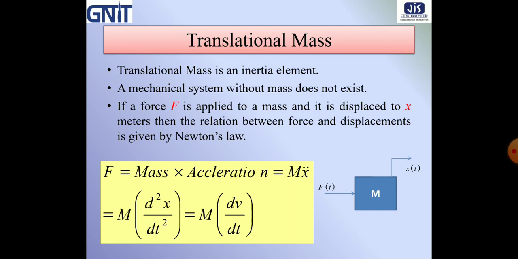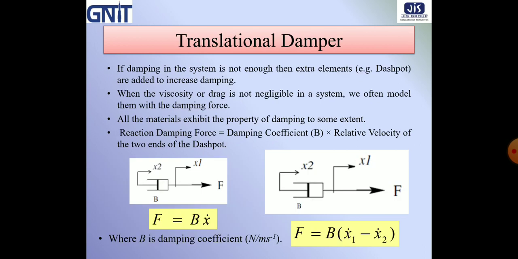Force generated due to mass is m x double dot, where m is the mass of the body and x is the displacement of the body. Force generated due to damper is F = B (x1 dot minus x2 dot), where B is the damping coefficient and x1 is the displacement of end 1 and x2 is the displacement of end 2.